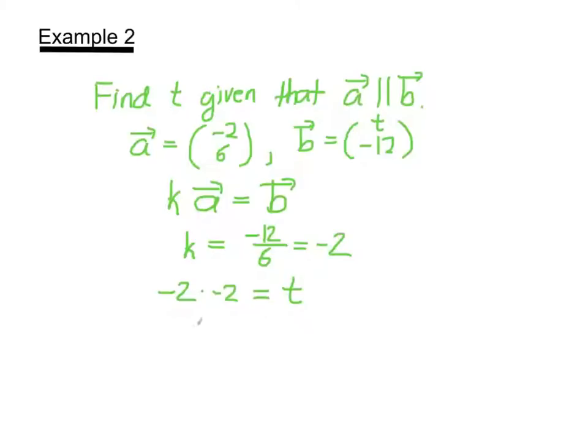So t is equal to positive 4. Again, I can quickly check that by multiplying my x component of A by the scalar, and we can visually see that this makes sense. I'm multiplying both of these components by negative 2 to get the other components for vector B.